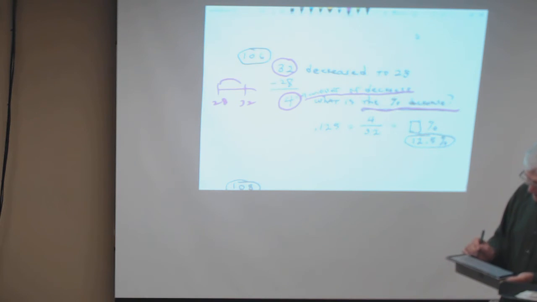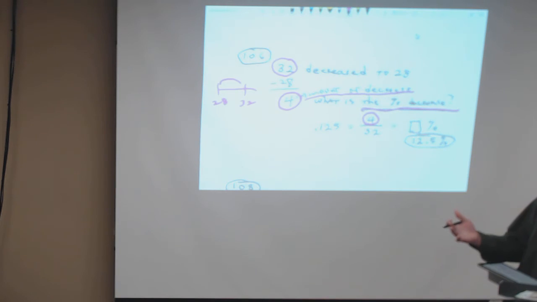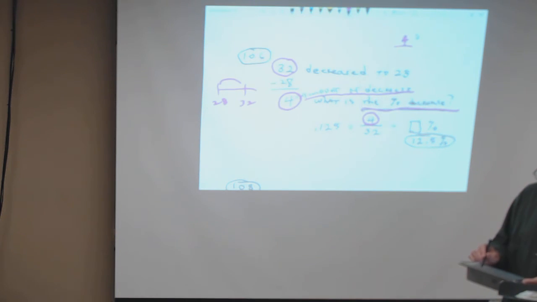So now I know I'm going to put 4 over some number. Now I have two choices. I can put the 4 over 32, or I can put the 4 over 28. One of them's right and one of them's wrong. Now here's how you determine which number to put under there. What's the percent of decrease? Where did I start? Where was my beginning point before I made the decrease? 32.